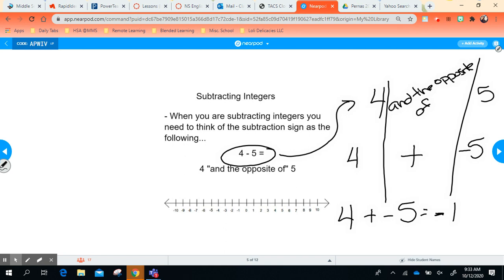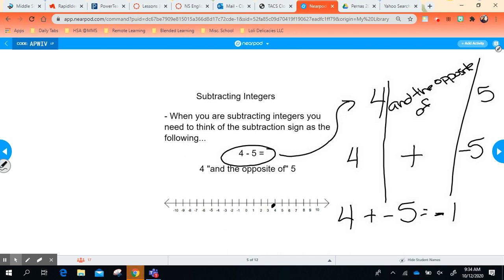So if I'm using my number line, that I'm writing here, I'm pretty sure it's not in your notebook, so you need to be writing it down because I copied most of this for you, but the rest of this still needs to go in your notebook. I'm starting at positive 4 and then plus negative 5.